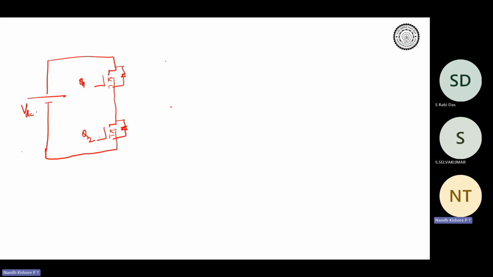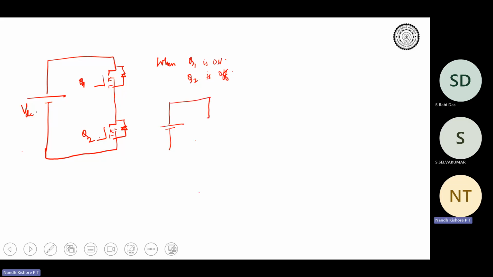So when Q1 is on, correct? Obviously Q2 is off. So in that case, your equivalent circuit can be something like, let's assume Q1 is short, right? And then Q2 is this switch over here.